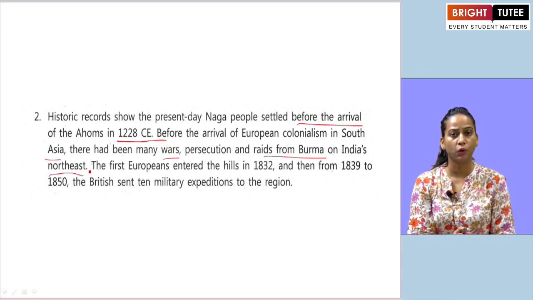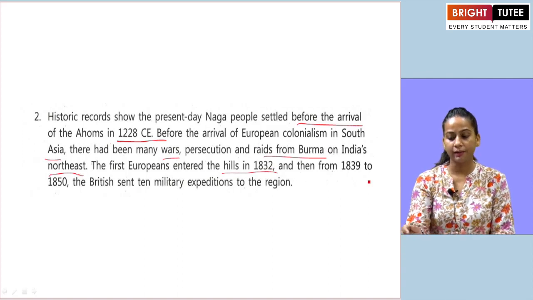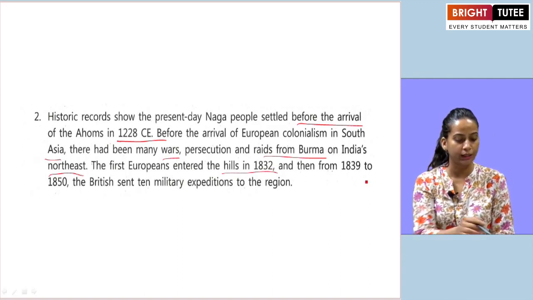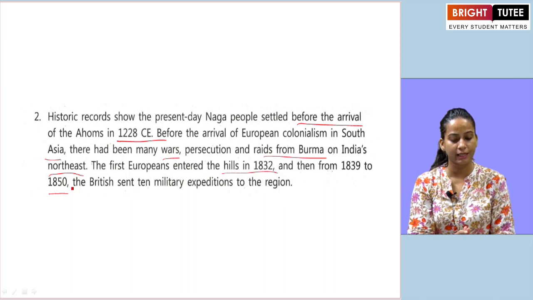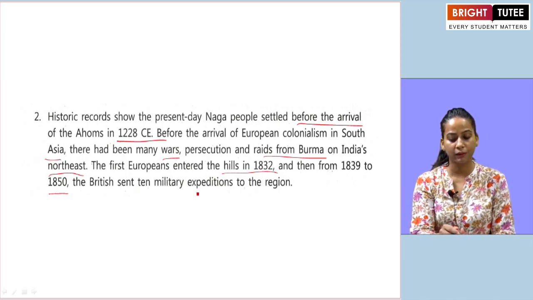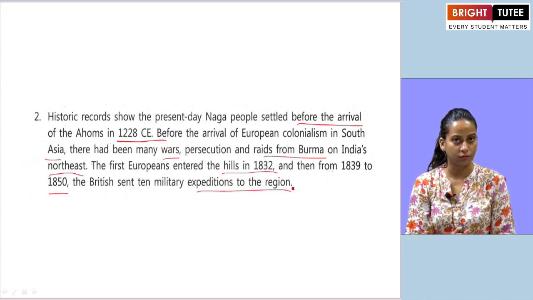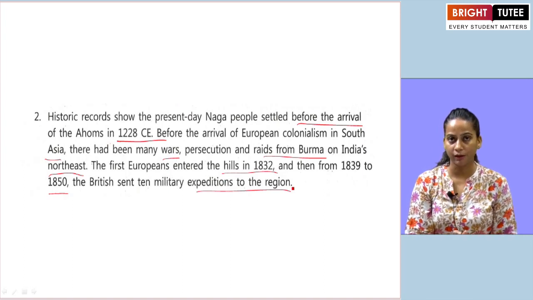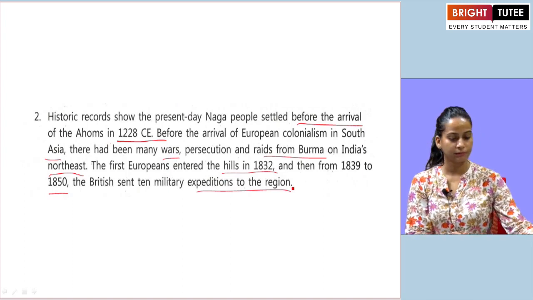The first European entered the hills in 1832 and then from 1839 to 1850 the British sent 10 military expeditions to the region. So, this is the second part we have read. Clear? Next.